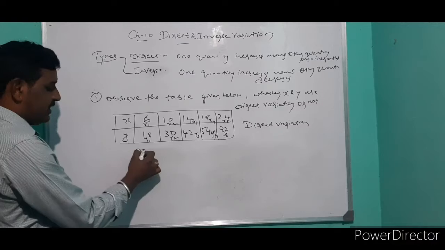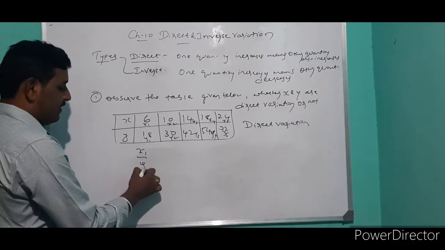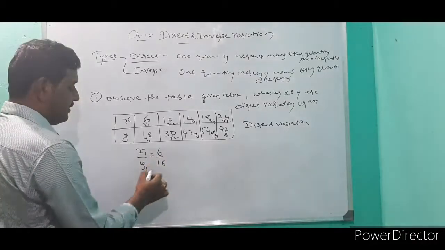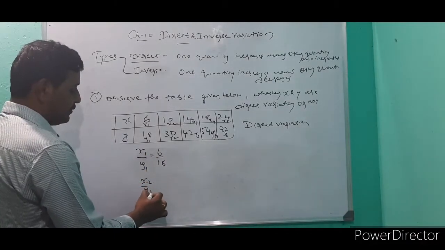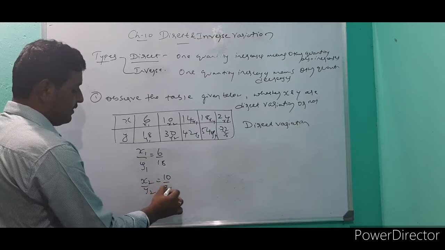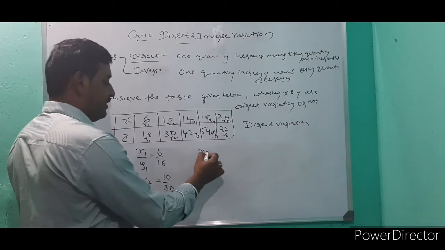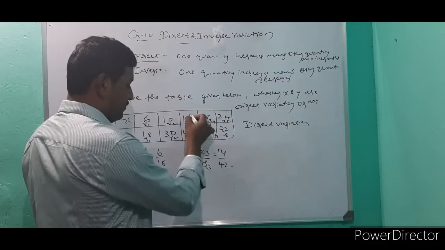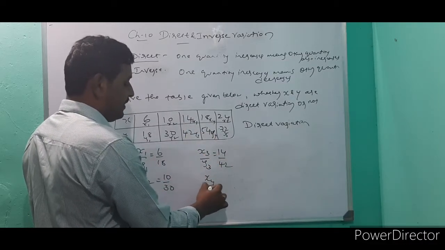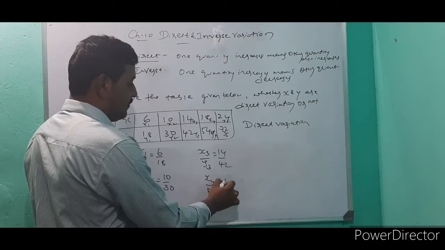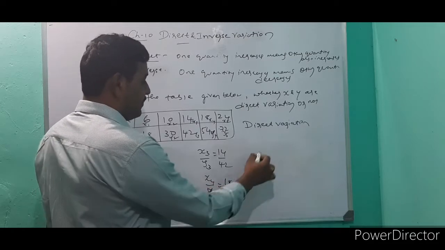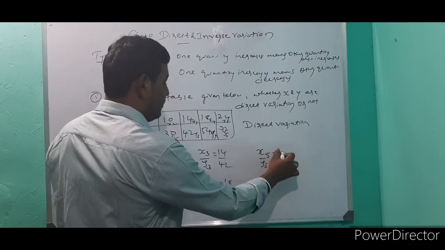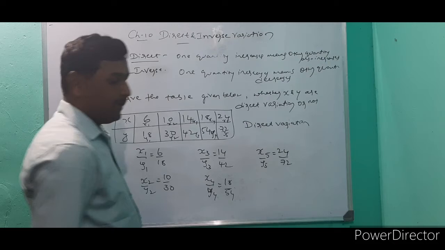Let us find the constant ratio. x1 by y1 is 6 divided by 18, x2 by y2 is 10 divided by 30, x3 by y3 is 14 divided by 42, x4 by y4 is 18 divided by 54, x5 by y5 is 24 divided by 72.